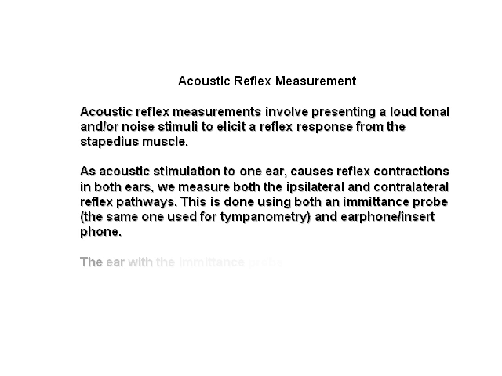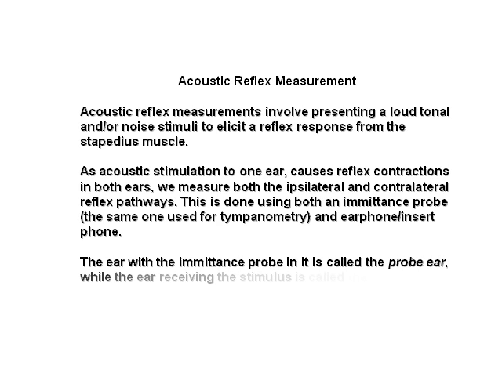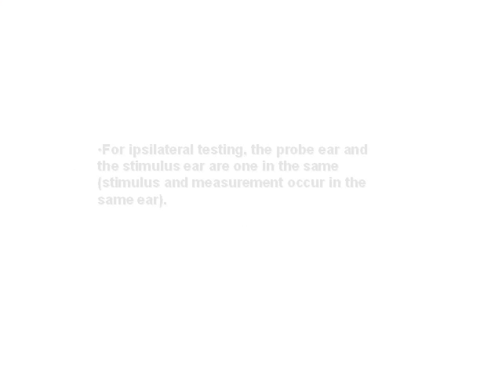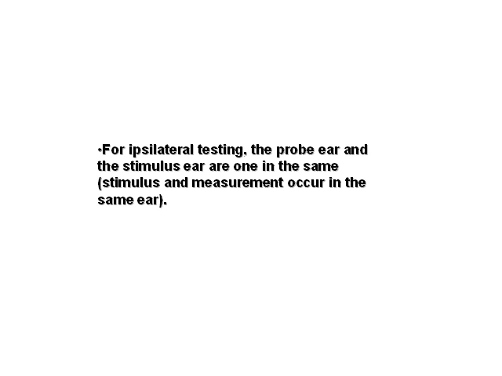The ear with the emittance probe in it is called the probe ear, while the ear receiving the stimulus is called the stimulus ear. For ipsilateral testing, the probe ear and the stimulus ear are one and the same.